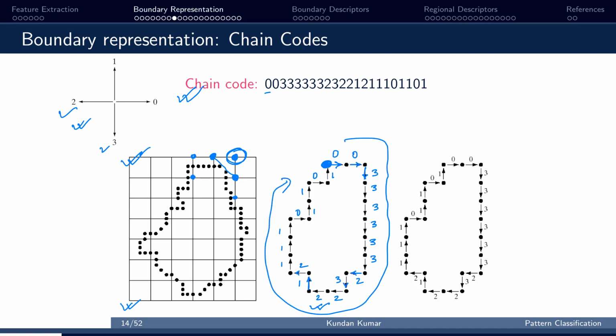So it is 0, 0, 3, 3, 3, 3, 3, 3, then 2, 3, then 2, 2, then 1, 2, 1, 1, 1, then 0, 1, 0, 1, and 1, 0, 1. So this is our chain code, and this chain code is the 4-directional chain code.